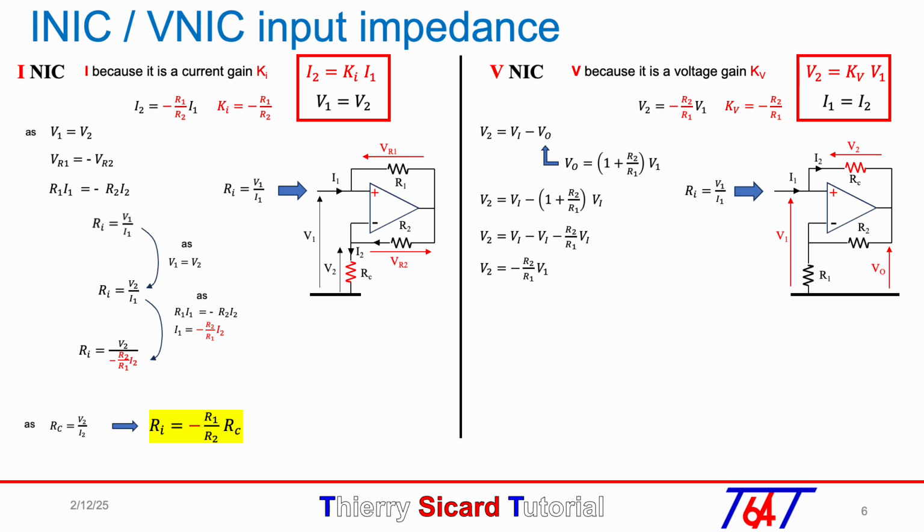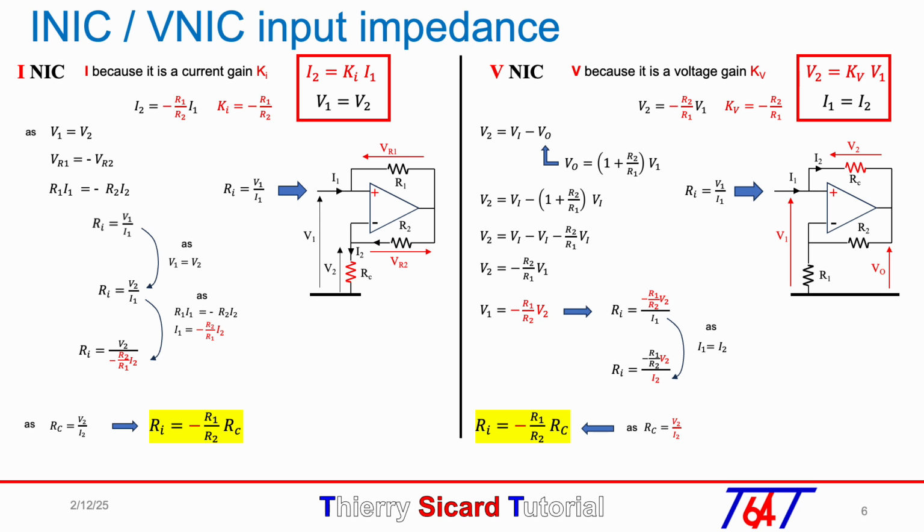Now, in the Ri relation, we replace V1 by the relation versus V2. Then, as I1 equal I2, we can replace I1 by I2. As Rc equal V2 over I2, we can write Ri equal minus R1 over R2 times Rc. So, both different schematics give the same negative input impedance.